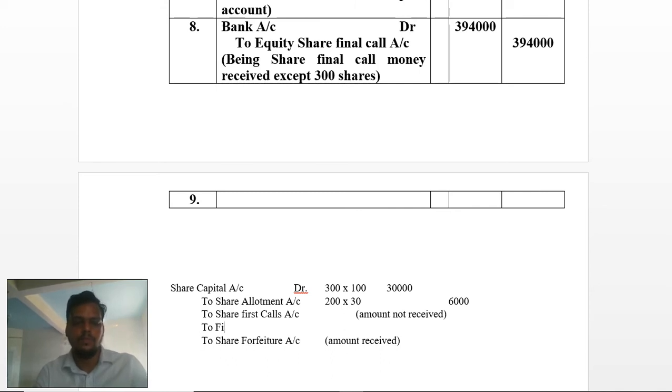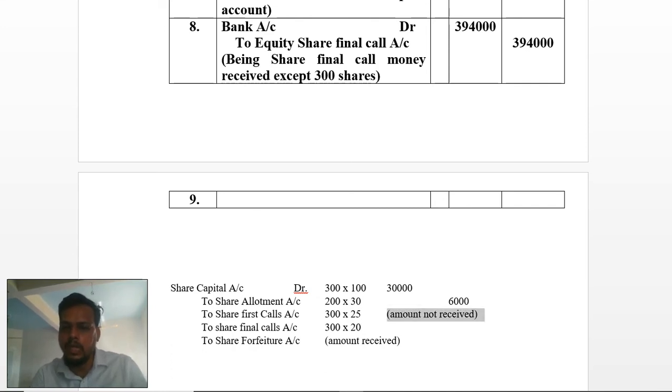Now what would be the amount here? We take 300 multiplied by 25 rupees, and here also 300 multiplied by 20 rupees.